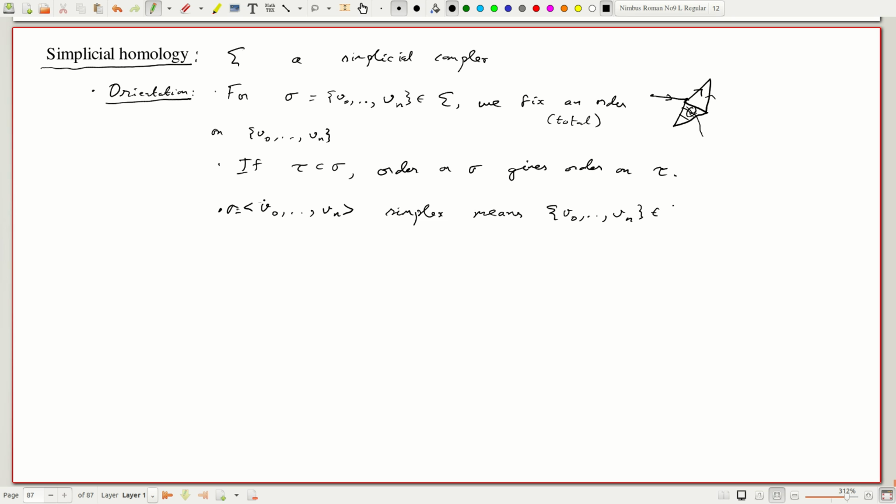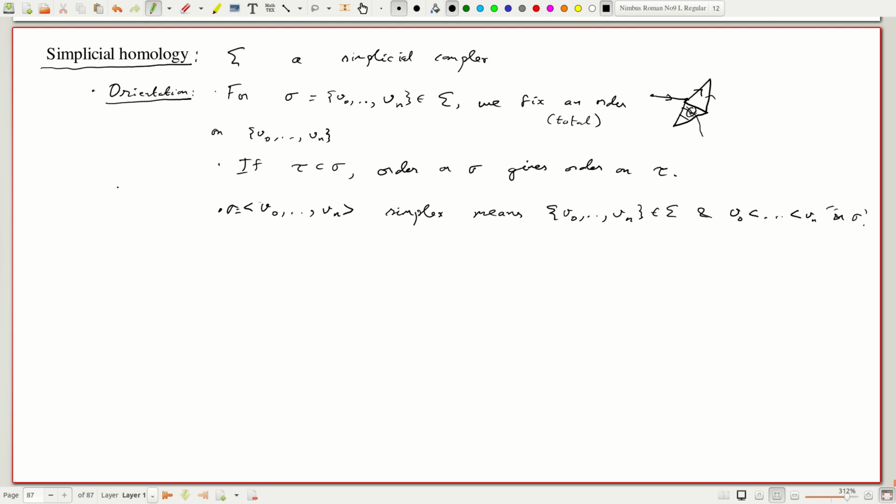This is how I write it, it belongs to sigma, and V0 is less than ... less than Vn in sigma, meaning in the order on the vertices of sigma. Okay. So there is a unique way in which a simplex can be written in linear order like this. So we avoid multiple counting of simplices, and it will turn out it also gives us an orientation.